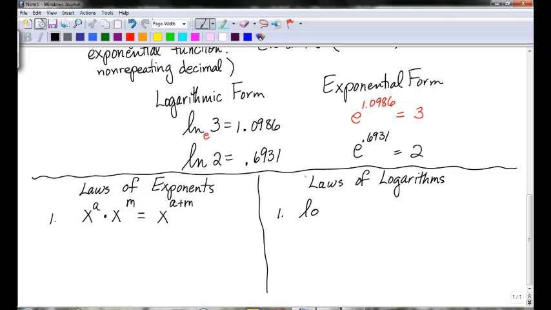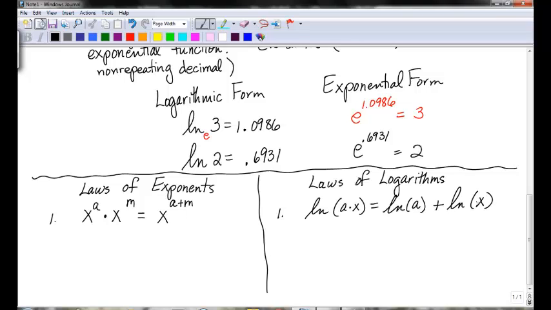We're going to do this with natural logs this time. Natural log of a times x. If you multiply the numbers, what do you do with the logarithms? Add them. So it'd be the natural log of a plus the natural log of x.